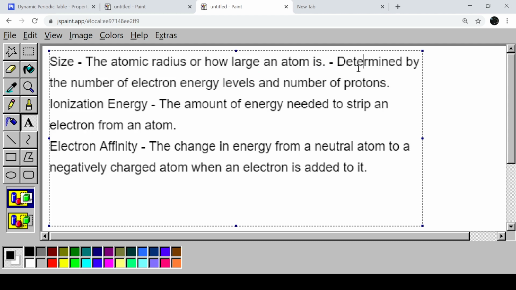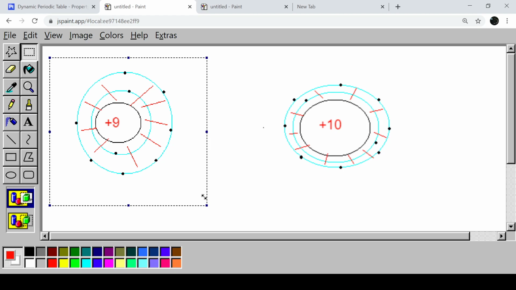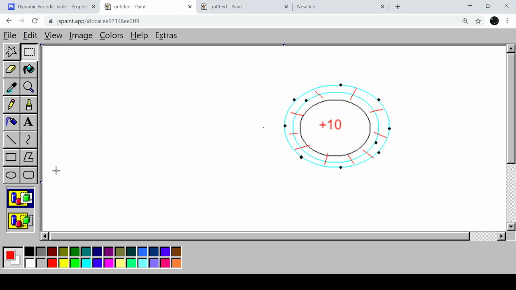Now, the second thing that defines this is going to be the number of energy levels. Okay? So what we're going to do is we're going to go ahead and we'll get rid of this one right here, because the other one I think I like the drawing more. Okay? And this one, notice this has 2 different energy levels, and now at this point the second energy level is filled. Okay? So what's going to happen now once we add in a third energy level?